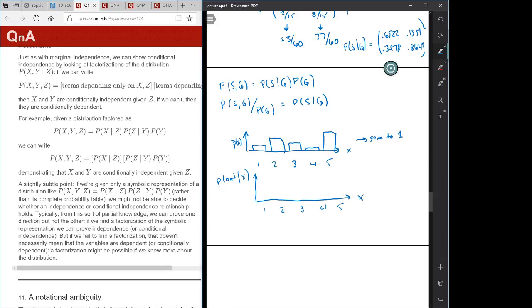And on the y-axis is P of cat given x, right? And so maybe cats are fairly common in the first 3 categories, and they're not very common in the last 2 categories, right? And so here, this is not a distribution, right? So this does not sum to 1.